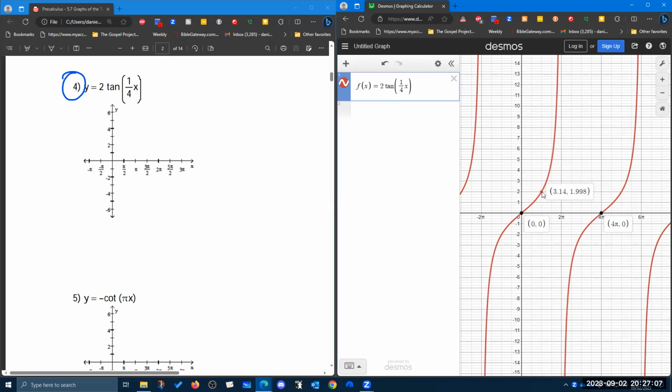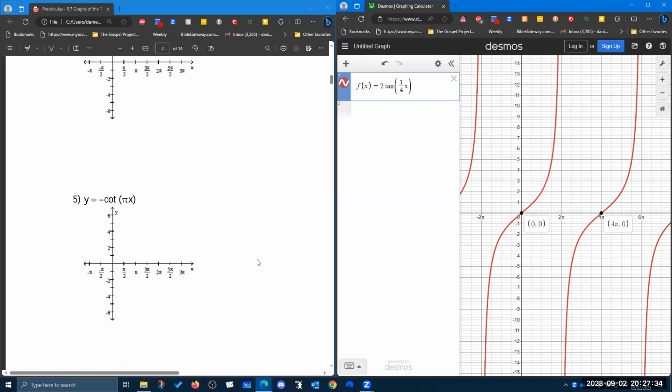You know, pi is right about there, has a value of 2, and negative pi has a value of negative 2. And you can see how the graph got stretched out, and not only in the horizontal direction, but in the vertical direction because of that multiplier of 2 as well, that things are growing twice as fast in the y direction.